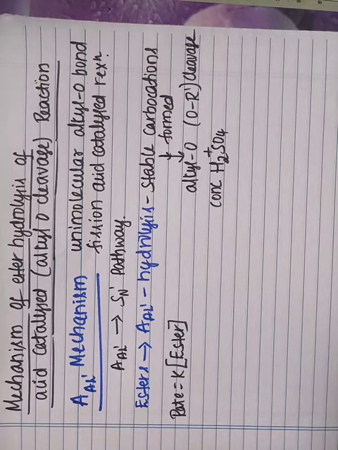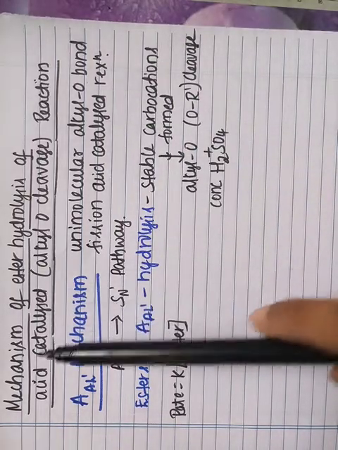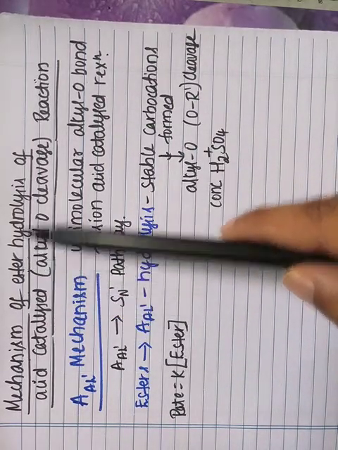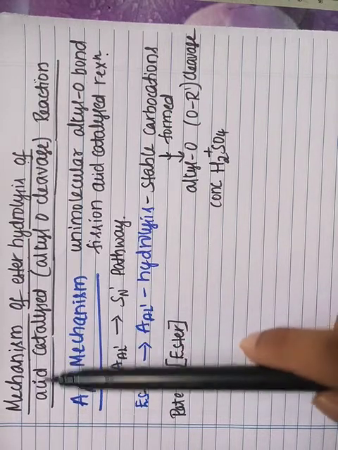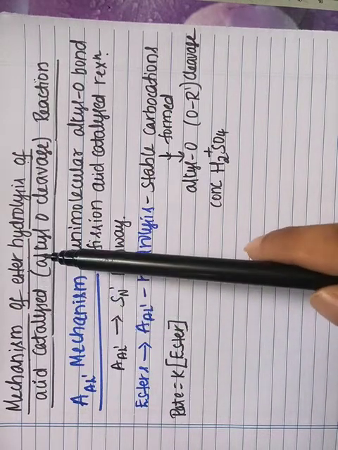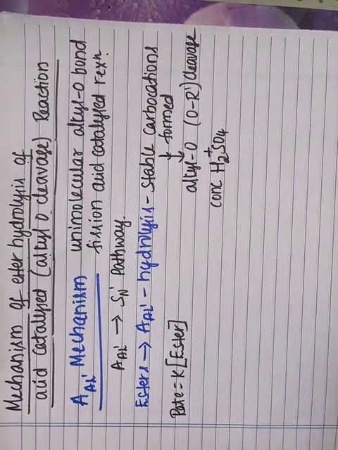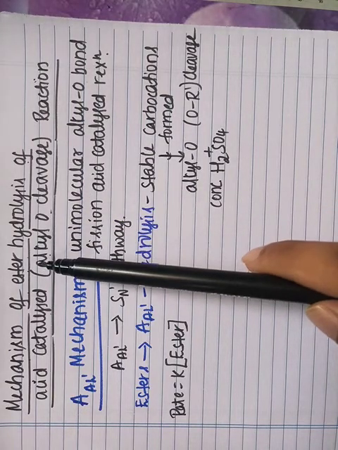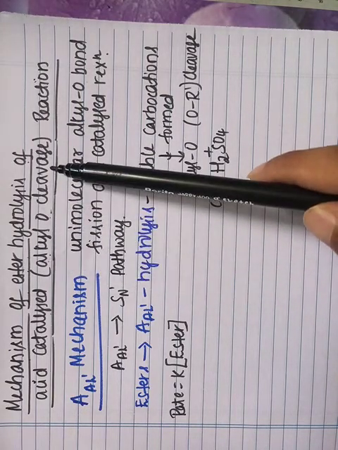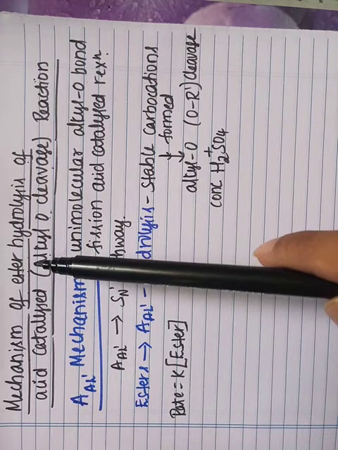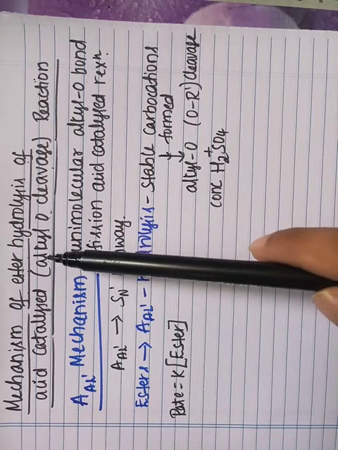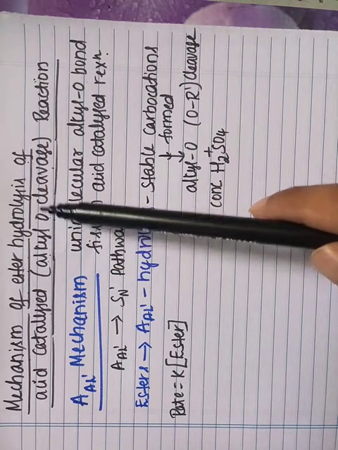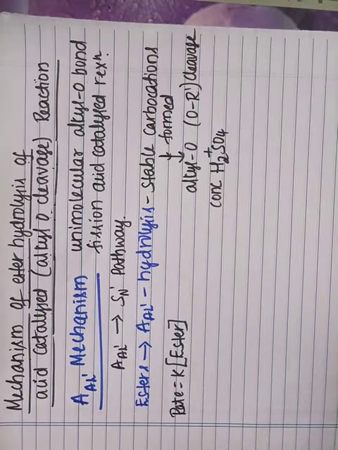Next, let us discuss the mechanism of ester hydrolysis by acid catalyzed alkyl oxygen cleavage. Previously we discussed the acyl oxygen bond cleavage. Now we shall discuss the alkyl oxygen bond cleavage reaction.